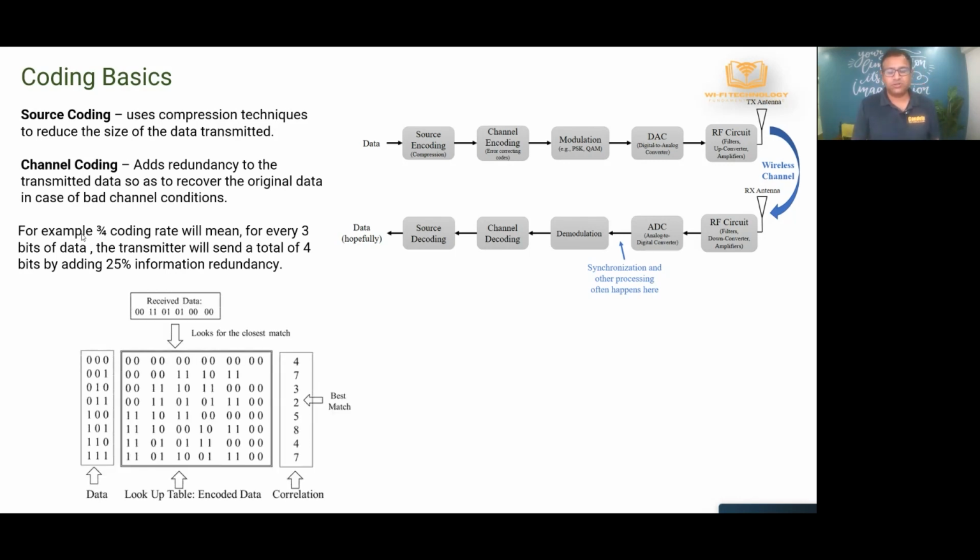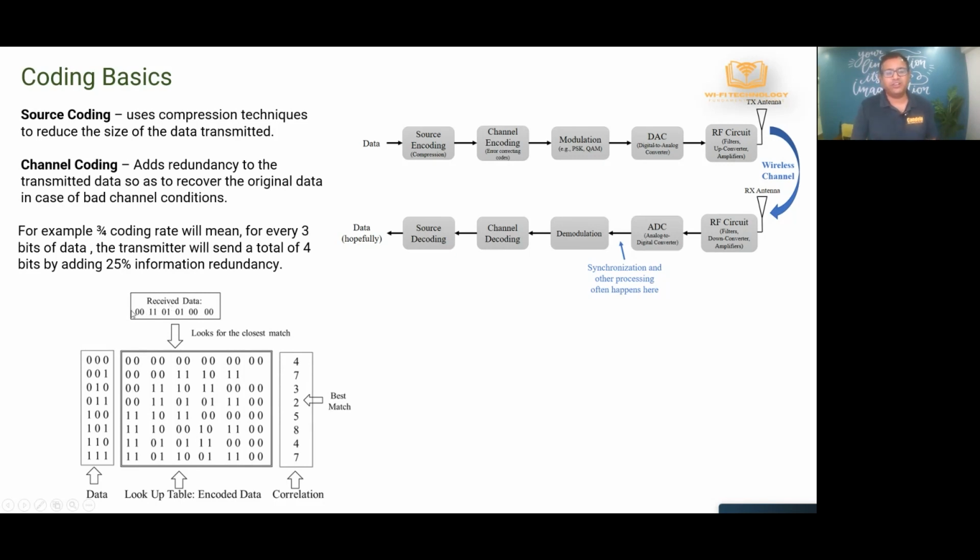We don't have time to go into this in more detail, but if you look at this example, let's say you're sending these bits as data, you can channel code those bits by using a larger number of bits. So instead of sending 3 bits, here you are sending about 12 bits of information to represent these 3 bits. Now, when you send these bits, what you receive is something different from what was transmitted, because of errors on the link, because of the signal quality being bad.